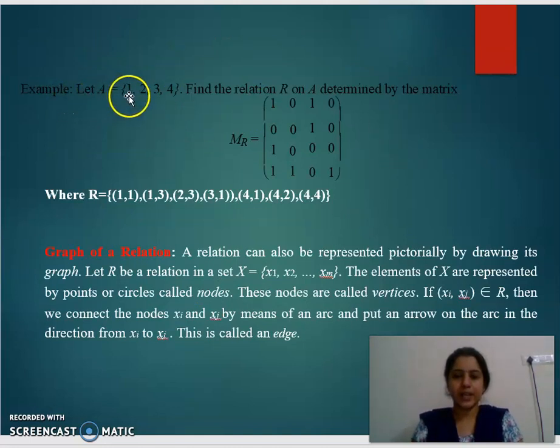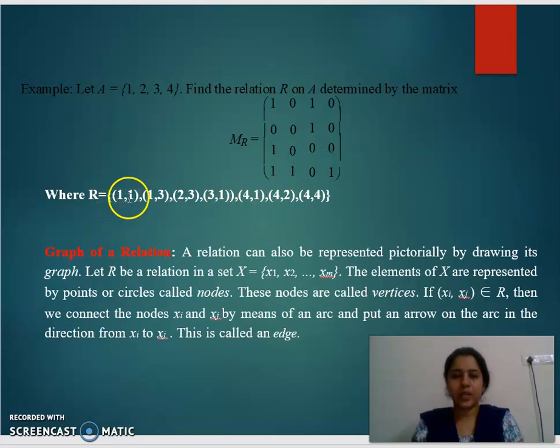Example: here A is a set and R is a relation on A defined by R containing the pairs (1,1), (1,3), (2,3), (3,1), (4,1), (4,2) and (4,4). And the matrix form of this relation R is this one, MR. The x dimension is represented by 1 2 3 4, as the relation is on the same set A, and the y dimension is also 1 2 3 4.